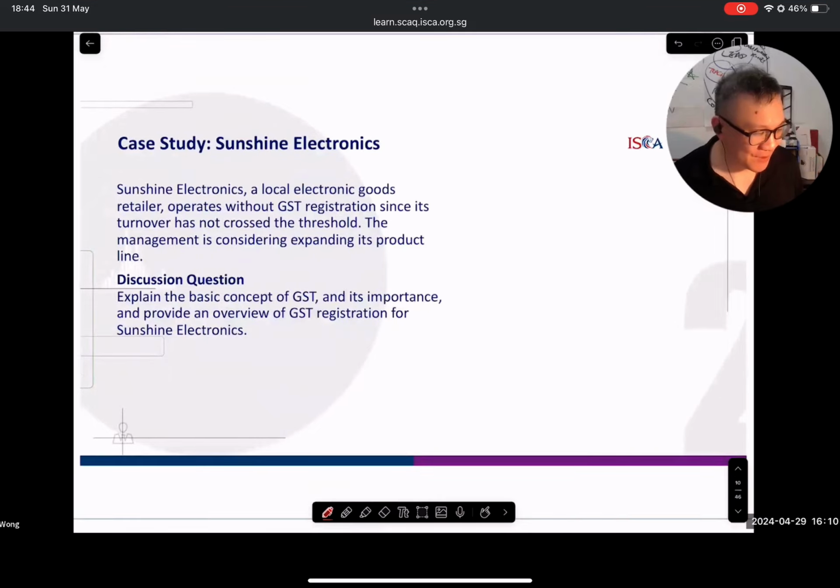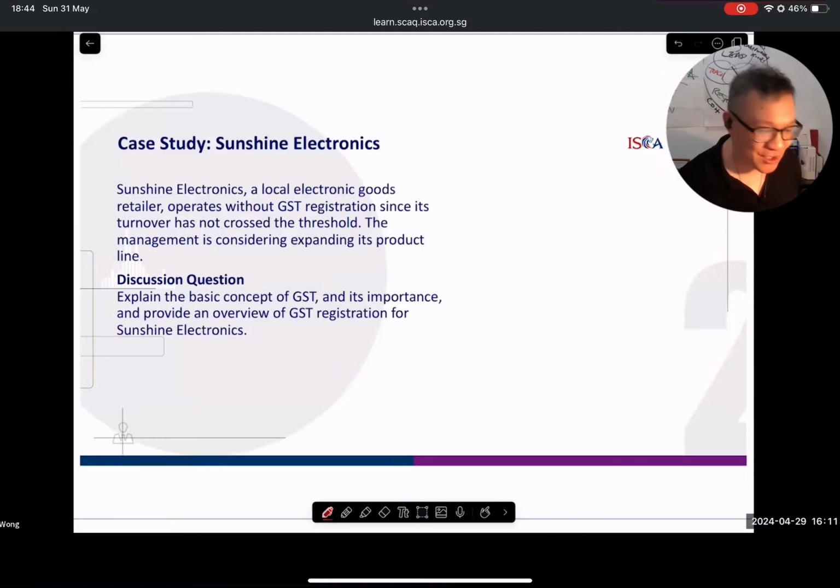So let's look at a case study here, about this company called Sunshine Electronics. At any point in time, when I finish mentioning a couple of points in my presentation, I'll give you a case study just to reiterate the concepts that we have discussed. Sunshine Electronics is a local electronic goods retailer that operates without GST registration since its turnover hasn't crossed the threshold.